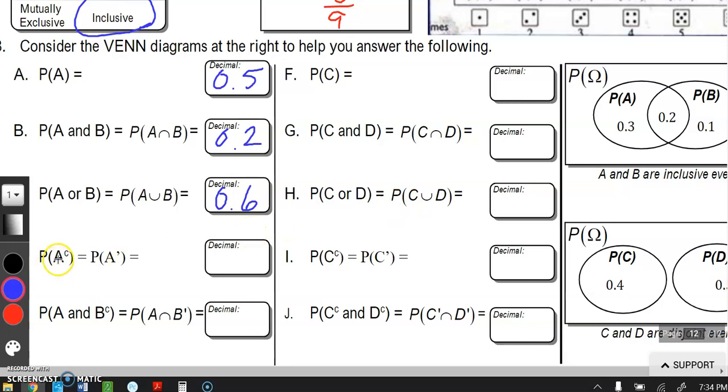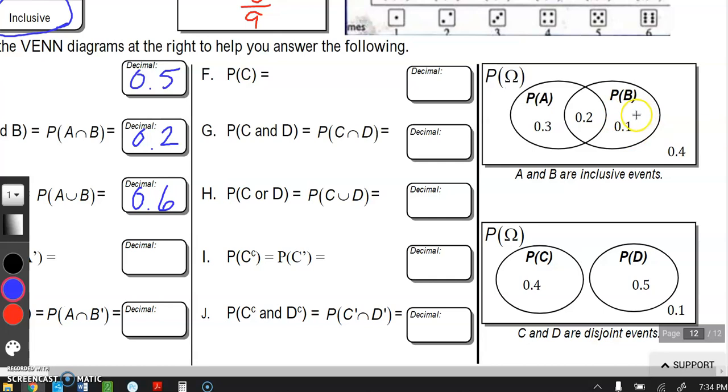This one is A complement, or A prime. We haven't seen this little c before, but c just means complement, means not A. So what is not A? Well, it could be anything in just B, or the outside stuff. 0.1 plus 0.4, which, if you add those together, add up to 0.5.